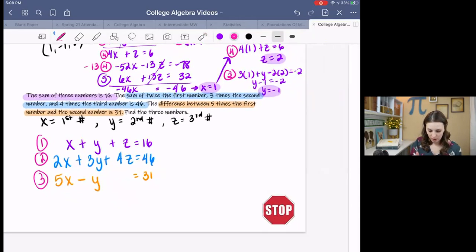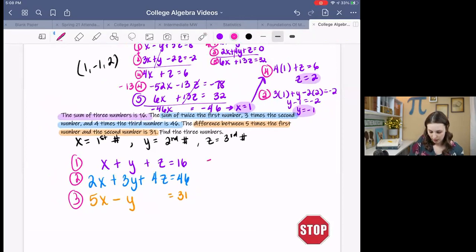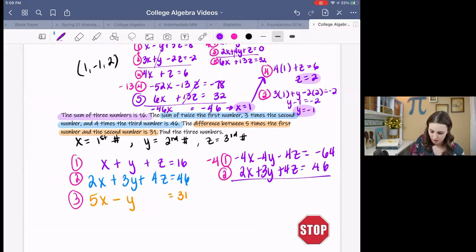And we are using, let's do -4 times equation 1. -4x minus 4y minus 4z equals -64, plus equation 2. 2x plus 3y plus 4z is 46. We get -2x minus y equals -24.